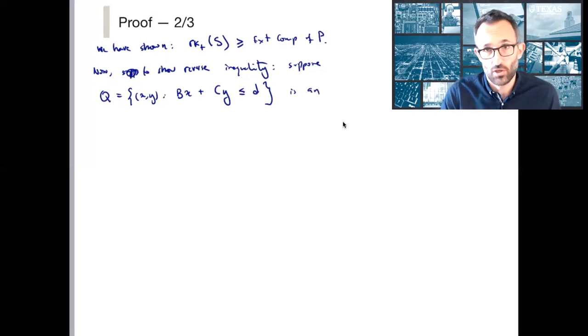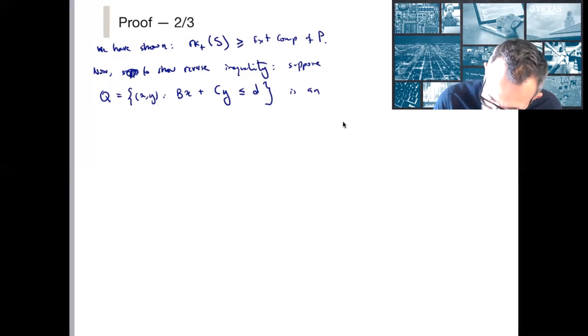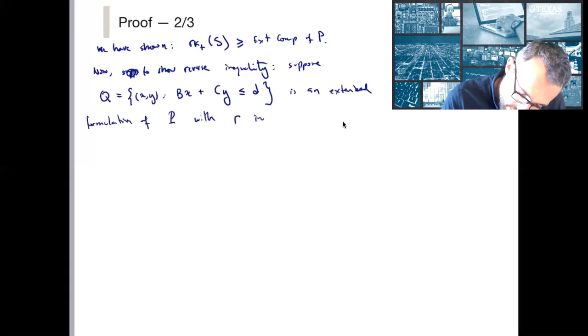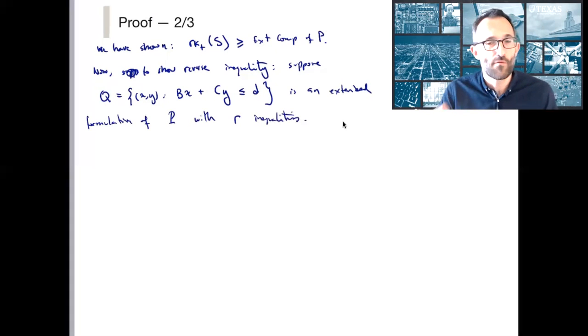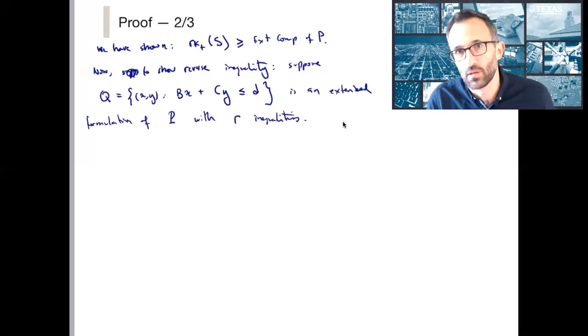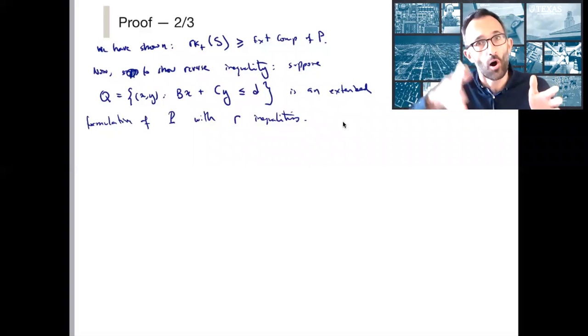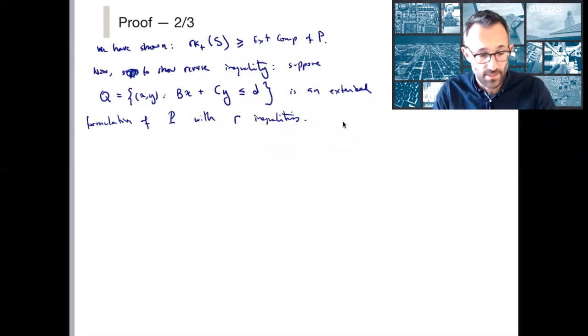In other words, the projection is exactly equal to P, and it has R inequalities. We're going to show that we can use this to find a non-negative factorization of the slack matrix with U and V having no more than R columns, where this is the same R.